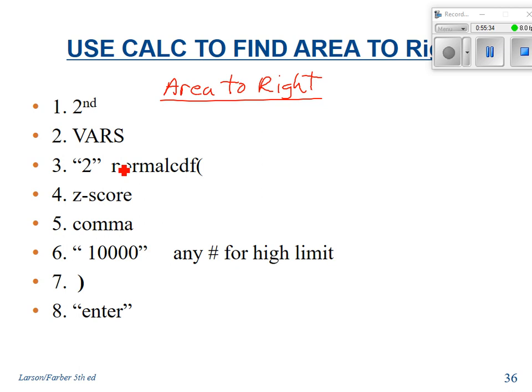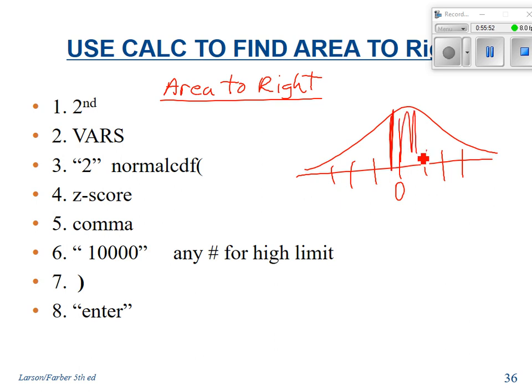Notice on this one, you put in the z-score, comma. Since you're finding stuff to the right, put in the z-score first. So you, again, draw your little graph. Got 0 here, 1, 2, 3, -1, -2, -3. If we're trying to find the area from here over this way, then we put in the z-score first, that score that we're looking for. And then on the other end, we put in like positive 10,000, or some number that goes out this way far enough to make sure that we include everything.